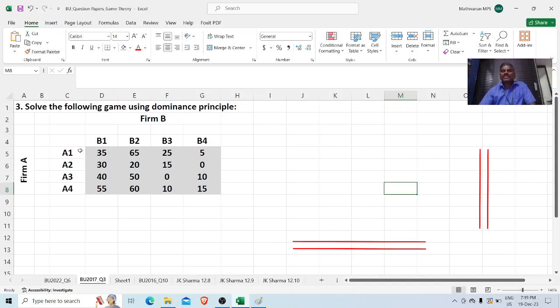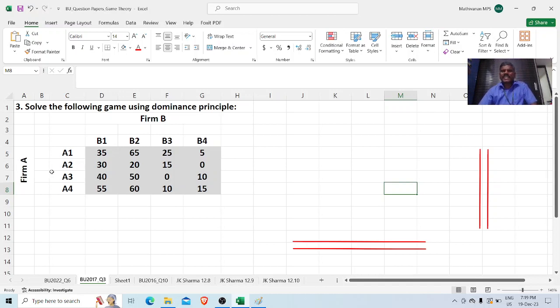Firm A uses strategy A1, firm B uses strategy B2, again firm A gains 65 points. Likewise, 25 points and 5 points gain for firm A while using strategy A1.